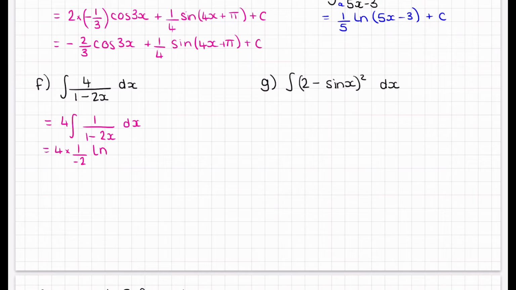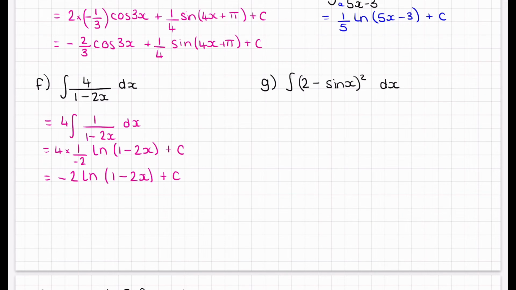It's 1 on, so it'll be an ln, the denominator into the bracket, and then plus c. Then we can simplify this to 4 over negative 2, which will be negative 2 ln (1 minus 2x) plus c.